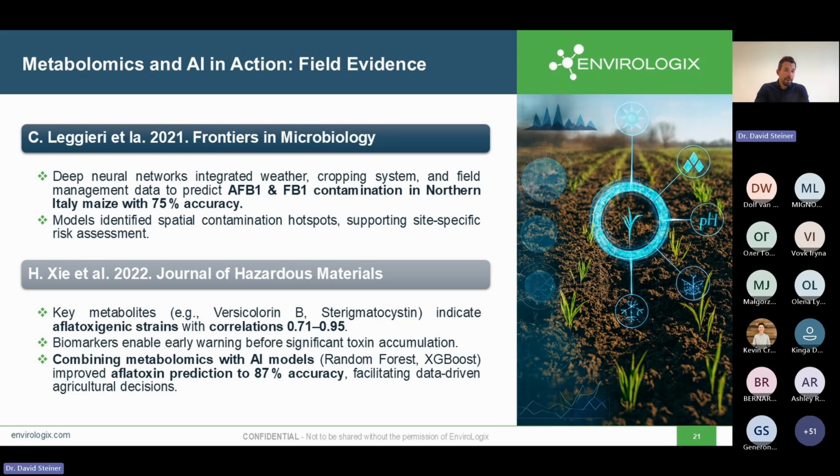And by combining these biomarkers with AI models, it improved the aflatoxin prediction up to 87% accuracy, which is already quite impressive. The results show that actually metabolomics provides us actionable molecular insights, and AI turns it into some practical data-driven prediction for a proactive field monitoring.